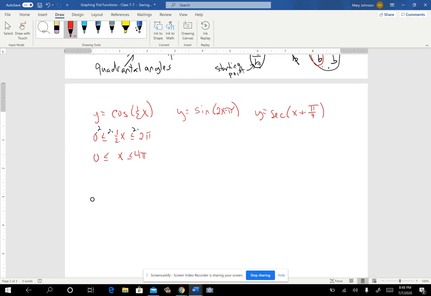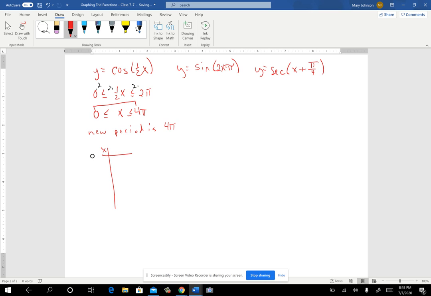So when you look at the difference between these two, you can see that the new period is 4 pi, okay?